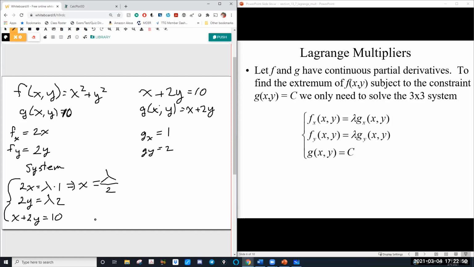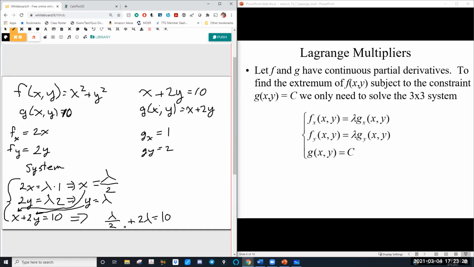That's fine. X equals lambda over 2. All right, so I'm solving the first equation for x in terms of lambda, and I can solve the second equation for y in terms of lambda, and I get y equals lambda. Divide both sides by 2. The reason I'm doing that for this particular one is I can plug those in for the x and y here, and I get lambda over 2 plus 2 times lambda equals 10.